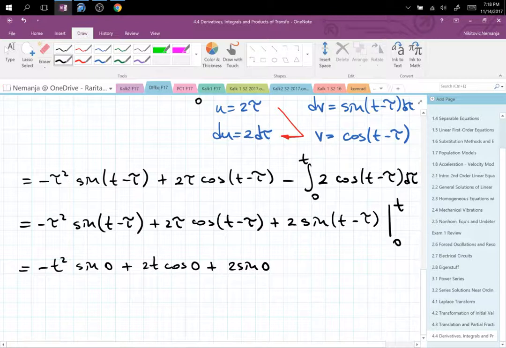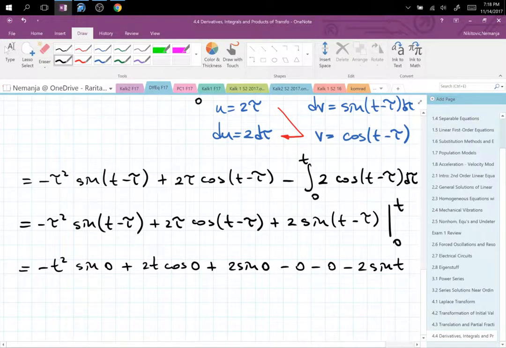And now we plug in 0. Minus 0 kills the entire term. Minus another 0 kills the whole term. And minus 2 sine, when you plug in tau, is just sine t. Right, because tau is 0 in the last one.